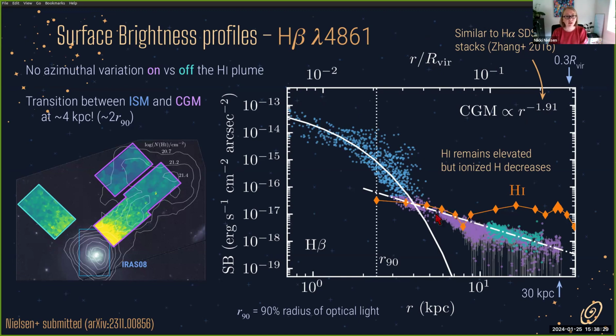But again, the ionized gas is behaving differently than the neutral hydrogen in this system. The H1 remains elevated out to large distance, whereas the ionized gas is decreasing. So we think the H beta and the H1 are tracing different structures in the CGM. Not quite sure exactly why yet.